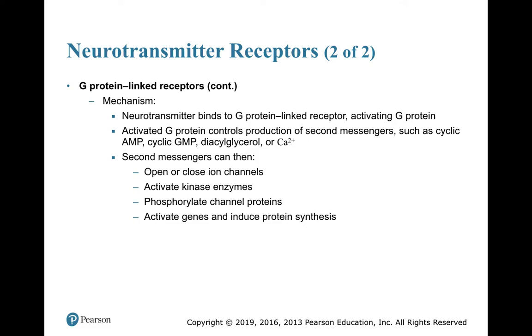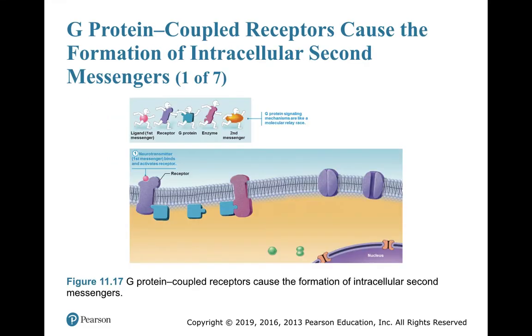And those second messengers are going to have widespread effects on the cell, including opening or closing ion channels, activating kinase enzymes, again, kinase enzymes phosphorylate other enzymes, turning them on or off. They can phosphorylate channel proteins and even activate genes causing protein synthesis.